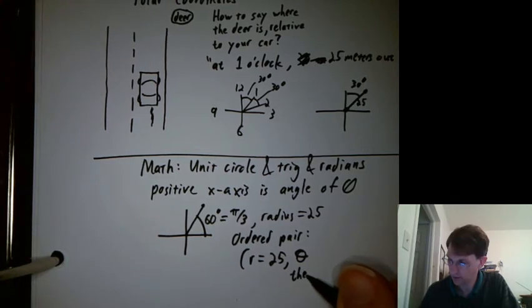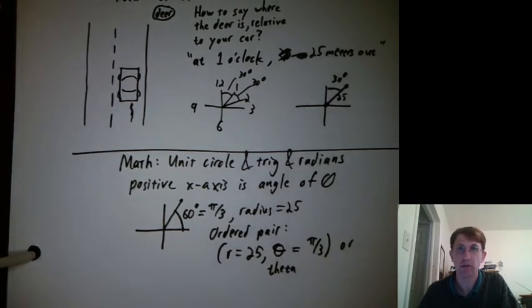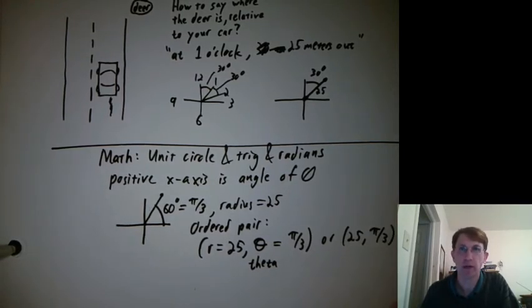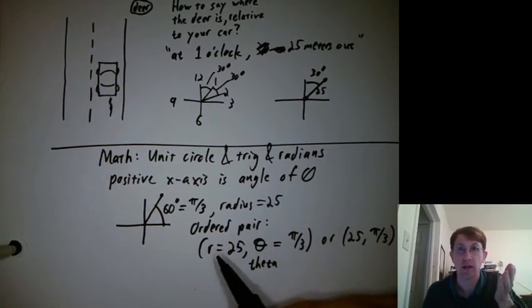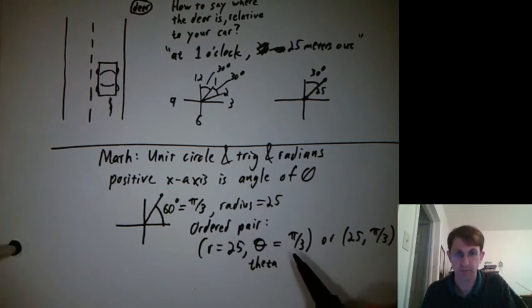I'll write it here. Theta is pi over 3 in this case, or we just write 25 comma pi over 3. It's not a bad idea when you're first getting used to this to write r equals this, theta equals that, so you can get used to which is in which position.